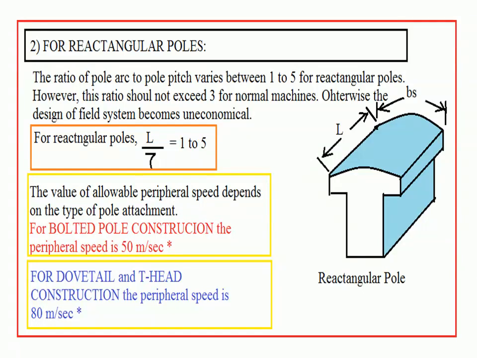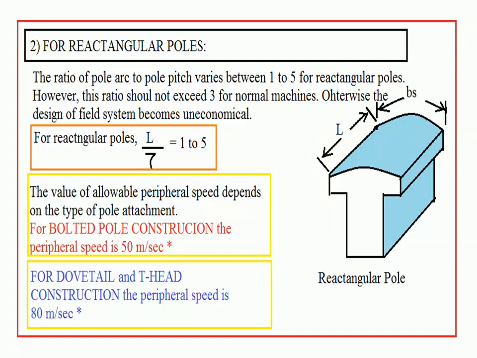We have to keep the range 1 to 5, but we should not go above a value of 3. That is one design constraint. Remember, maximum should be 3 out of 1 to 5. For rectangular pole, L by tau should be used from 1 to 5. That is another important aspect. Using rectangular poles, you can assume L by tau.